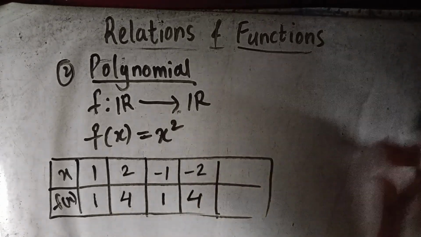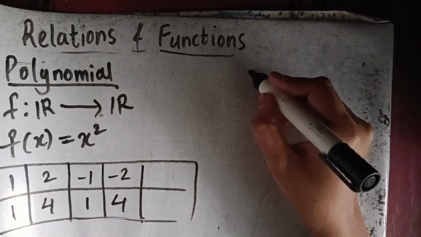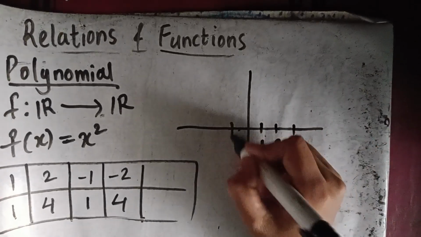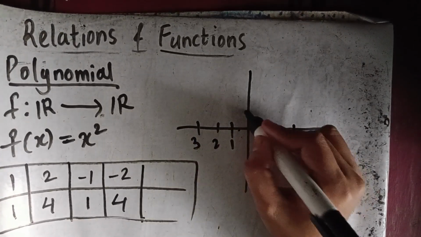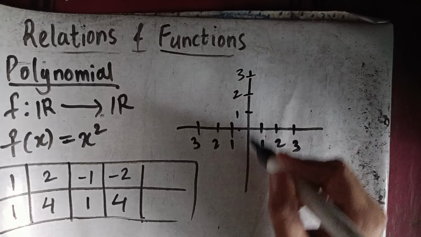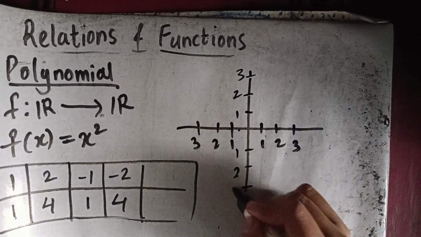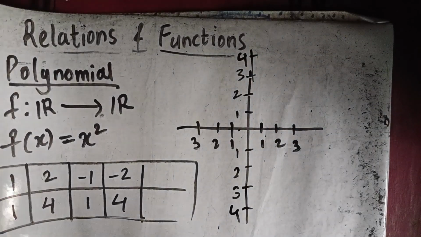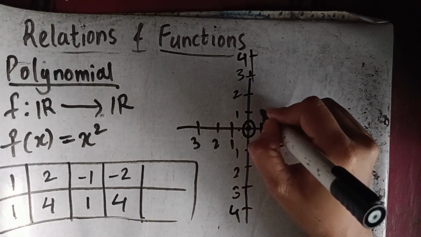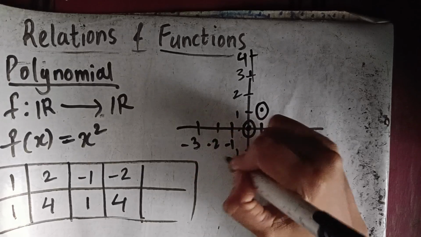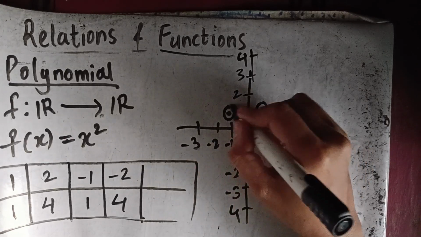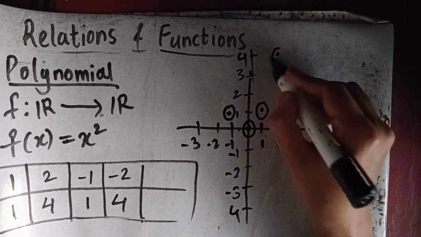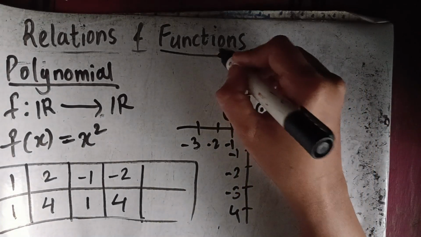And the graph: for 0 you are getting 0, for 1 it is 1, for minus 1 you are getting 1, for 2 you are getting 4, for minus 2 you are getting 4.